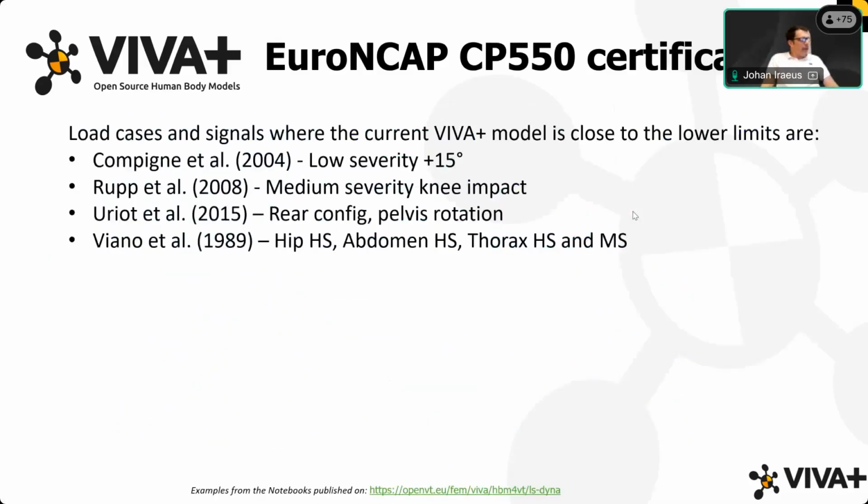Now the load cases and signals where the current VIVA Plus model is close to the lower limit. When Euro NCAP tightens the limits later, the lower limit will move upwards to push the human models to improve. So where the VIVA Plus model is close to the lower limit is where we need to update the model first.